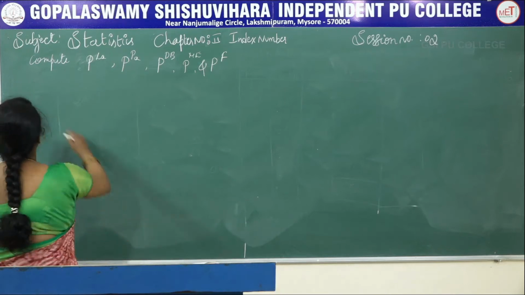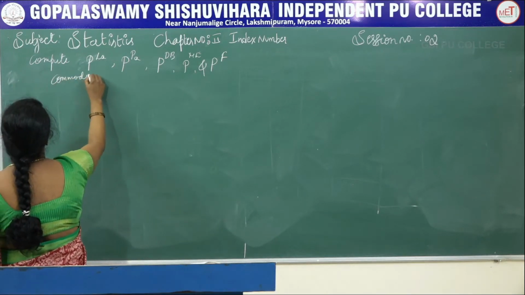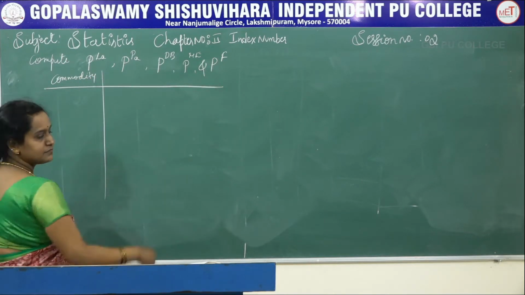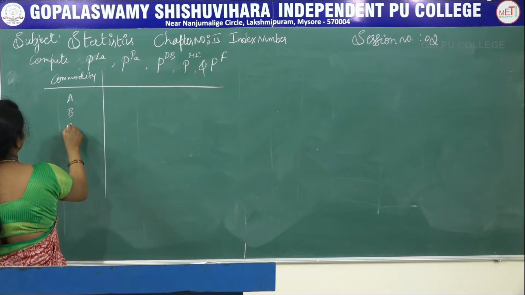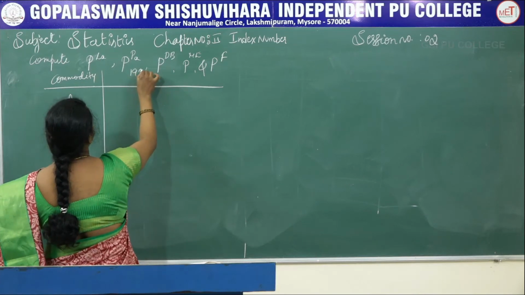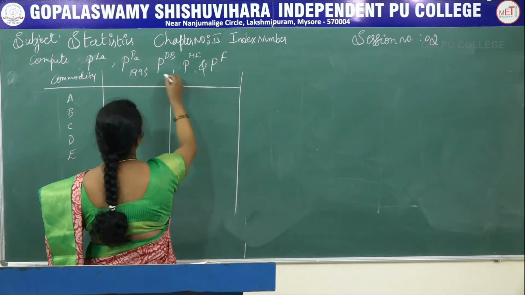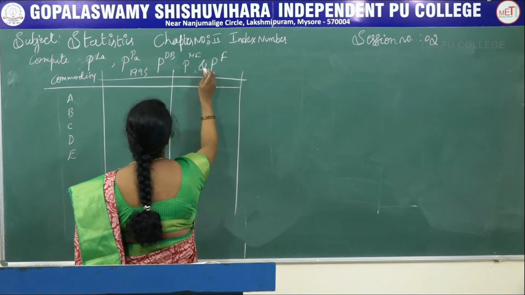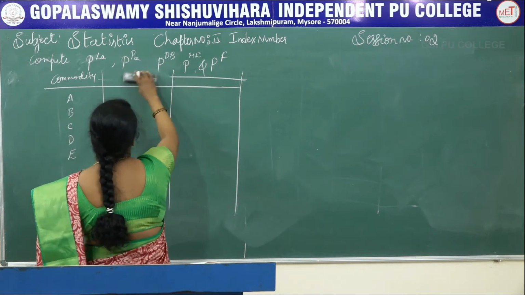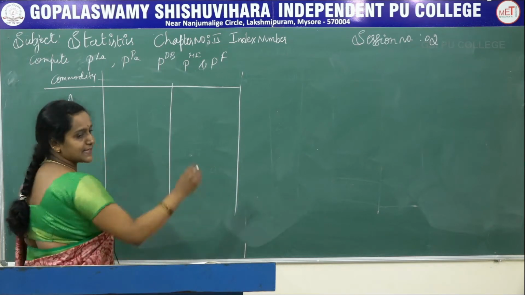And the problem is like this. In this problem, they will give both price and quantity, so that using these two, price and quantity, we are going to calculate the price index.